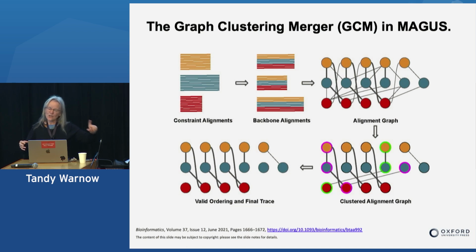And so now you have this big alignment graph where the nodes represent columns in the constraint alignments. And you have edges between the columns if there's one of these backbone alignments that connects them. So those edges are guiding you about what should stay together. And now you run this through a clustering method. Which clustering method? It turns out that Markov clustering works really well and nothing else.